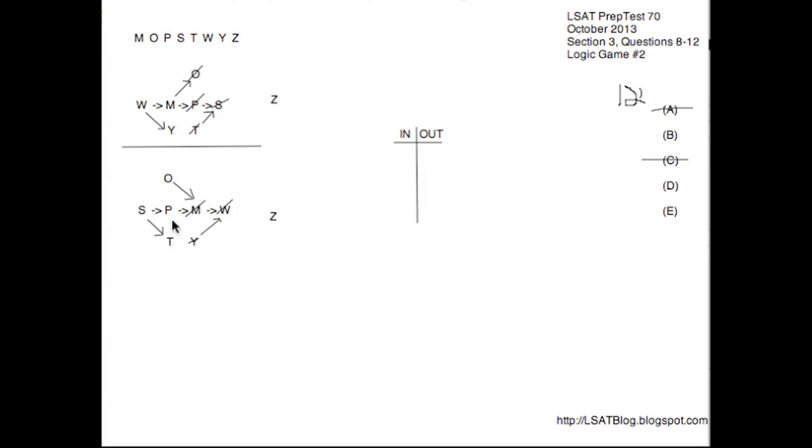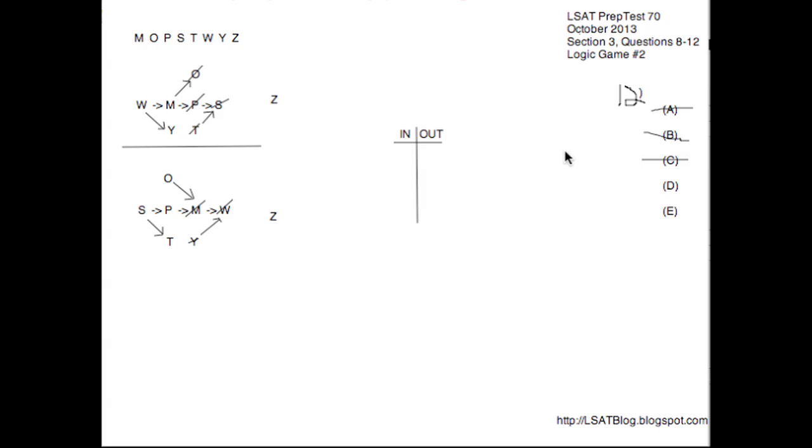Yes, we can. We could have, for example, S, P, T, and Z. Works out perfectly fine. Lacks O, lacks W, so we do not have to have at least one of those in, so B is gone.